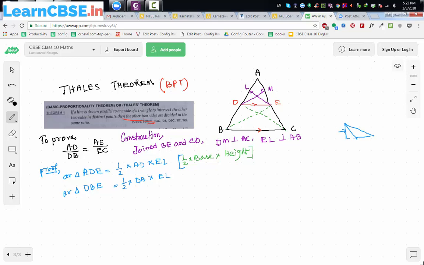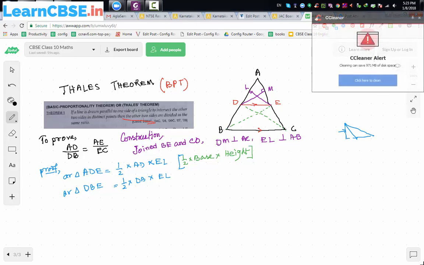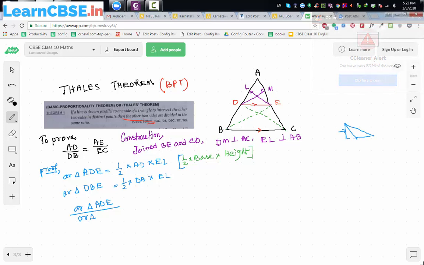Let's try to get the ratio between the area of ADE and DBE. So we take the area of the triangle ADE upon the area of the triangle DBE. It gives you half into AD into EL by half into DB into EL.